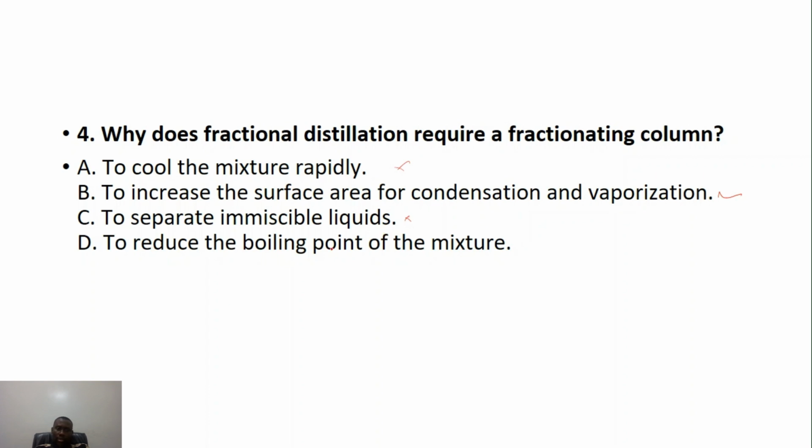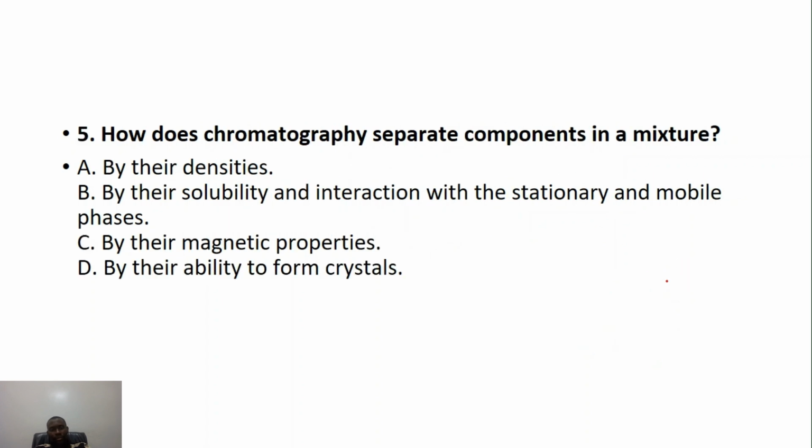To reduce the boiling point of the mixture, this is not correct. It usually has a fractionating column so that the different components can evaporate and turn into vapor, and there will be surface area for them to condense. So the correct answer is B.